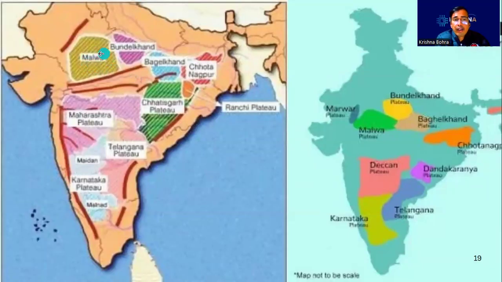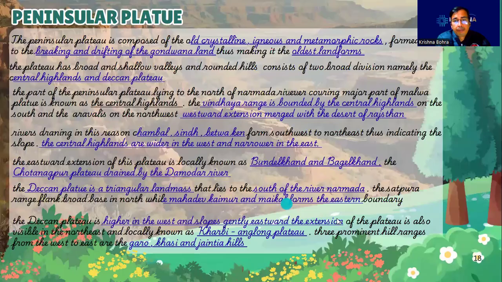This is called the Central Highland, consisting of Malwa, Bundelkhand, and Baghelkhand. Its eastern and southern boundary is marked by the Vindhya Range, there is the Aravalli on the left side, and after that is the Thar Desert of Rajasthan. The rivers draining this area are Chambal, Sindh, Betwa, and Ken, forming the southwest to northwest boundary, thus indicating the slope of this area. The Central Highland is wider in the west and narrower in the east.